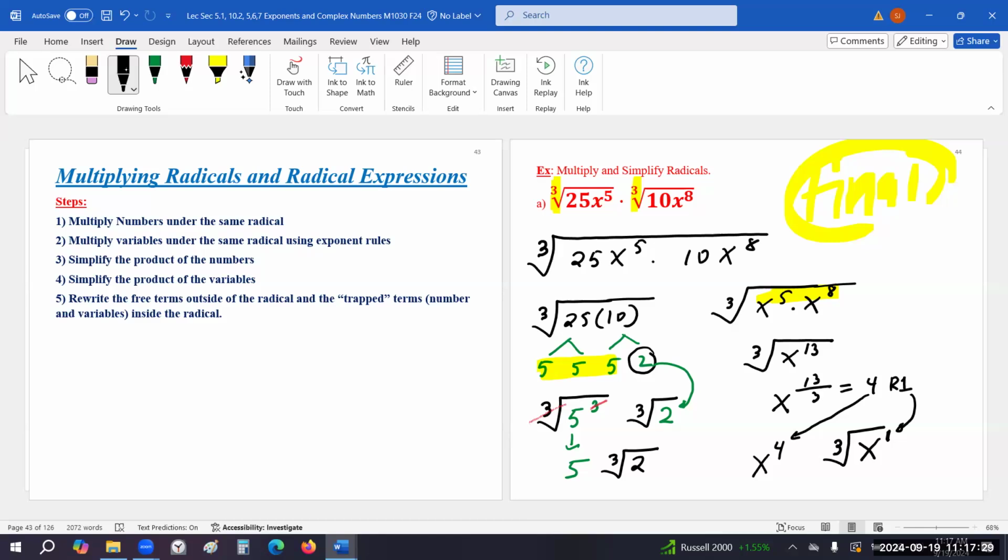So they become friends. And since these are not free, we put them together in the house and say, hey, play around now. So inside the house, 2 and x, they play around. And outside the house, 5 and x to the 4, they dance around. And this is our final answer.